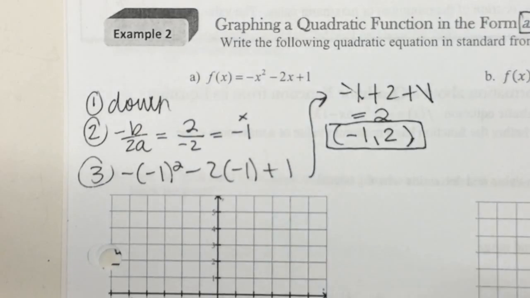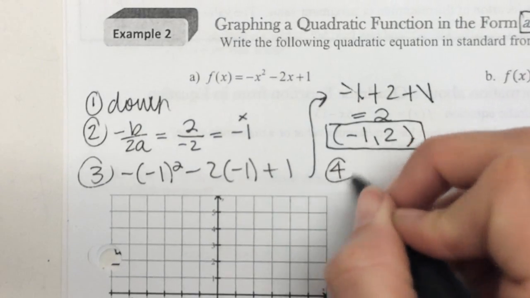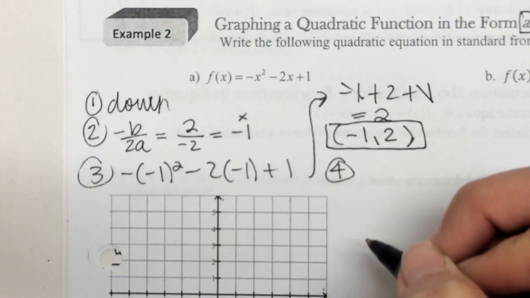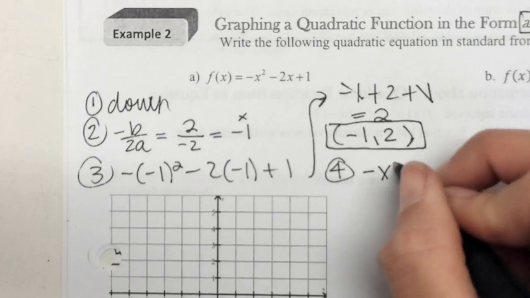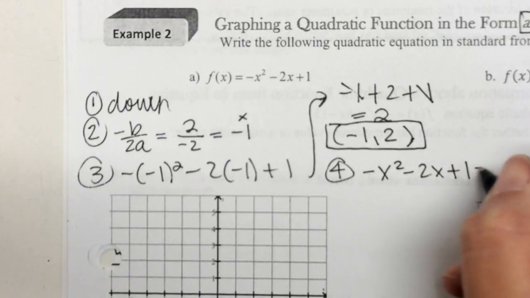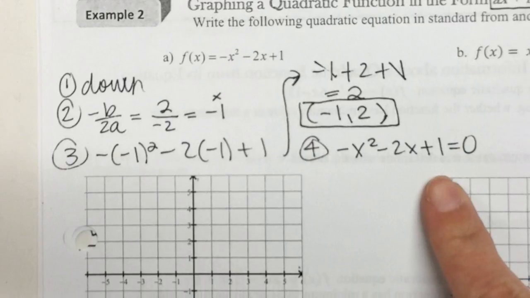Okay, now for number 4, we're going to find the x-intercepts by setting what to 0? Y. So it'd be negative x squared minus 2x plus 1 equals 0. How would we solve for x here? Anybody know?